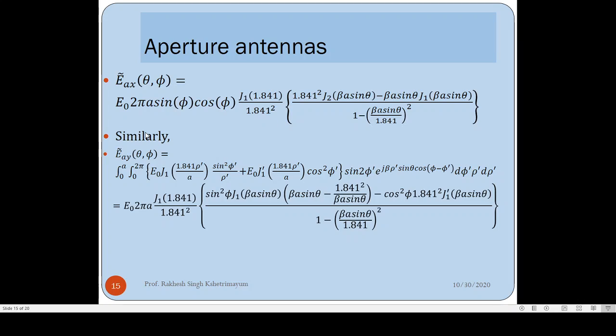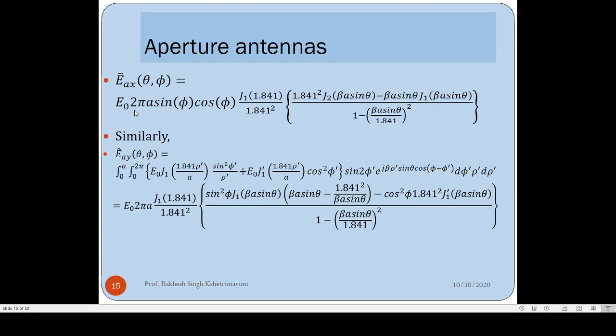Similarly, you can also write the expression for the EAY term. The EAY term can be similarly derived, and you can find it on your own, or you can refer to Balanis's book. So E0 2 pi a J1(1.841) divided by 1.841 square, and this long expression you have here.